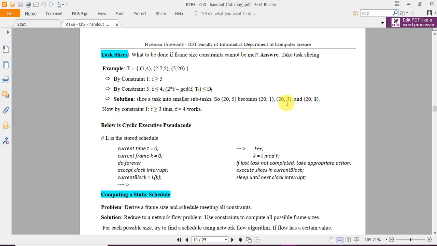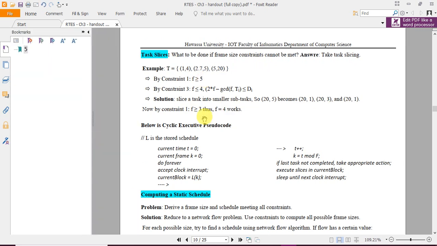In this case the largest computational time becomes 3. So f can be greater than or equal to 3, and we test the factors of 20. We select frame size 4 and can create the schedule table. This is condition 1, which means a frame size does not exist.